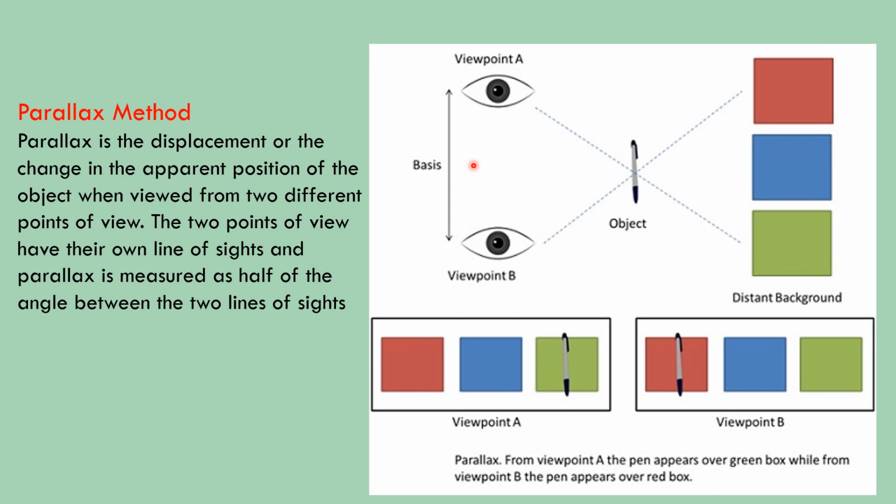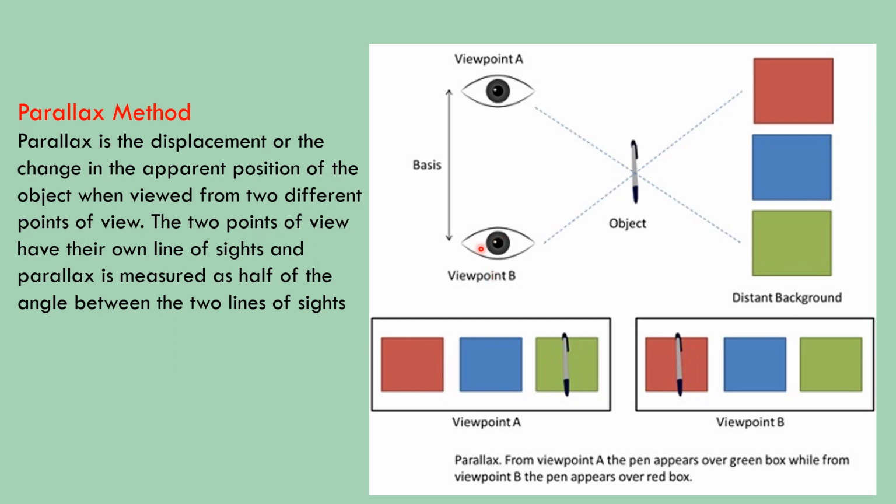But here, if you want to discuss the parallax method, if you want to see an object, consider only one eye at a time and see the difference between the position of the object. Here, for example, we are considering an object, a pen. Viewpoint A we will consider as our left eye, viewpoint B we will consider our right eye.